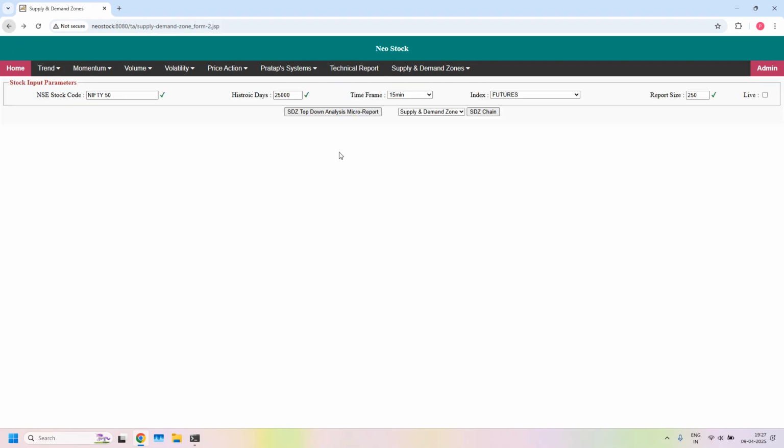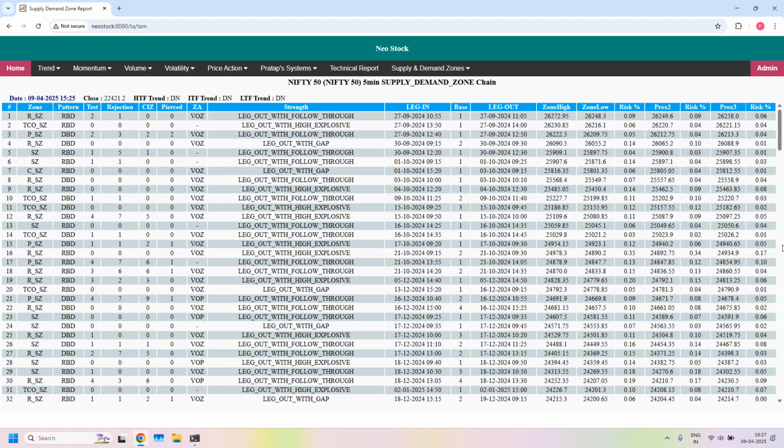Okay, next, the 5 minutes supply demand zone chain for Nifty. All are 5 minute supply zones. I'm scrolling the list down.